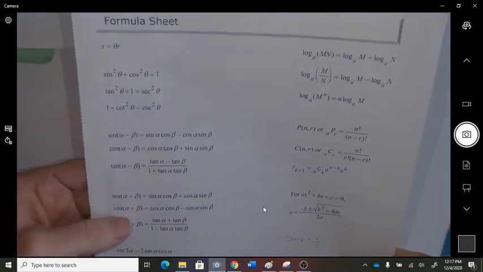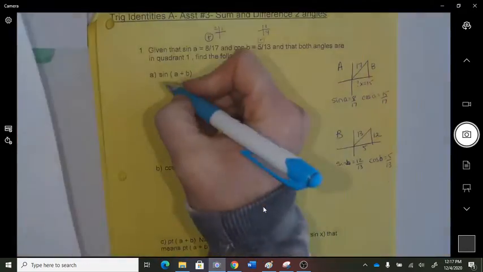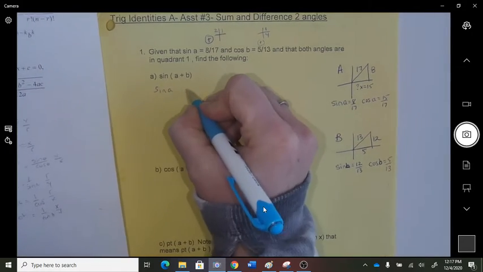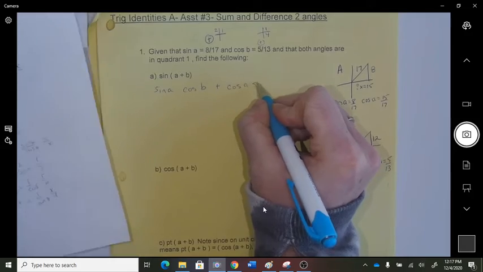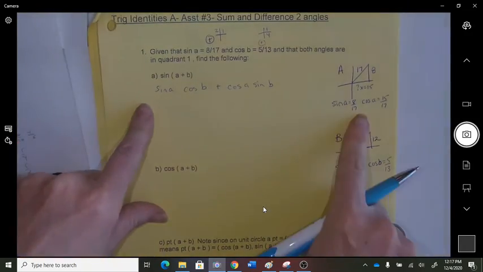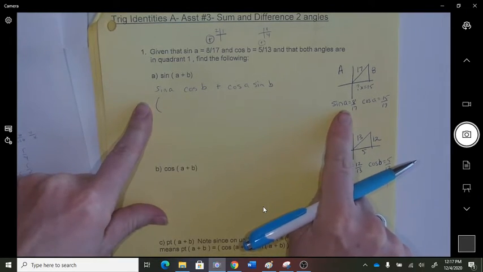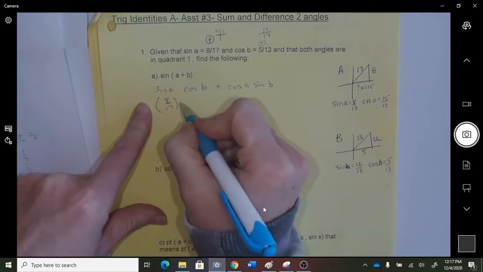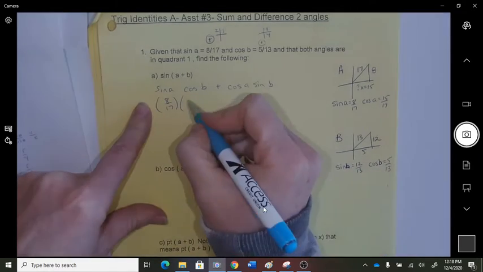So sine of A plus B is sine A cos B plus cos A sine B. Okay, so that's from the formula sheet. Now I have everything ready to go. I'm going to plug it in. So the sine of A was 8 over 17. The cos of B is 5 over 13.